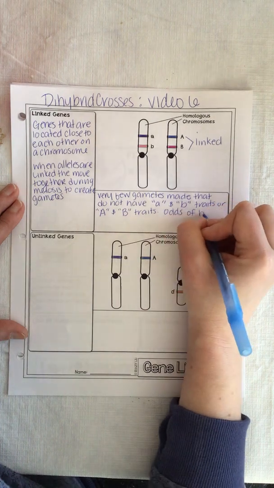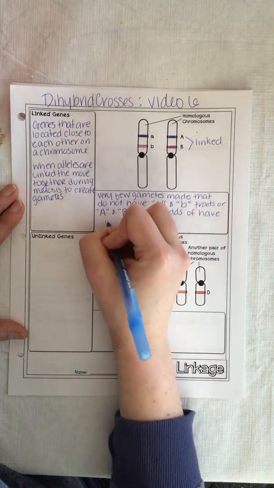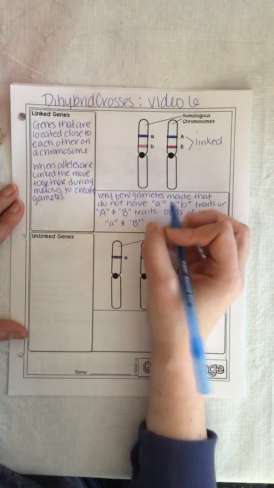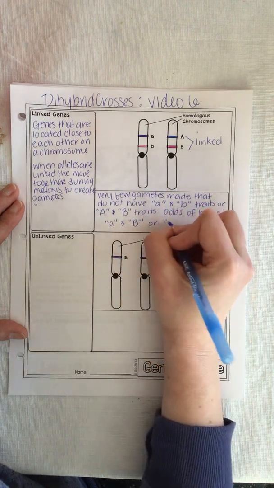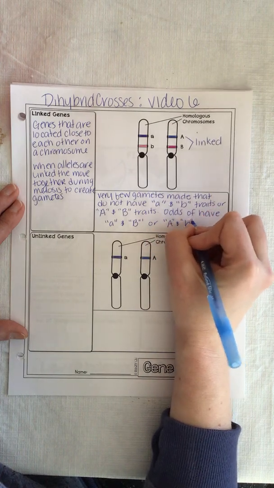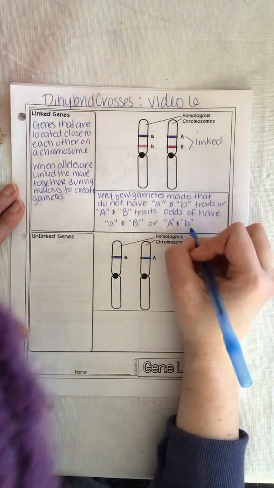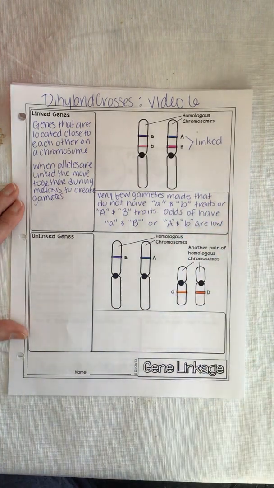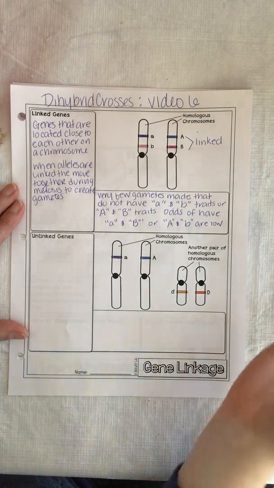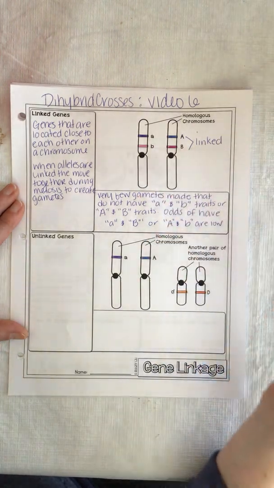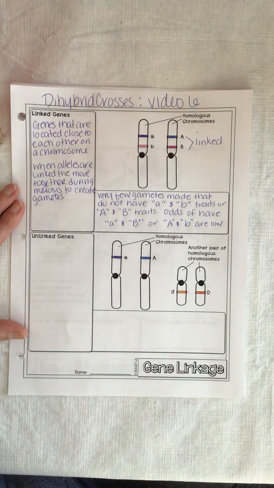Odds of having A and lowercase b are low. All right, so even in the crossing over process, they are going to stay together.